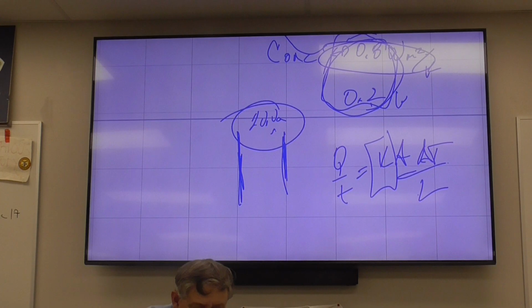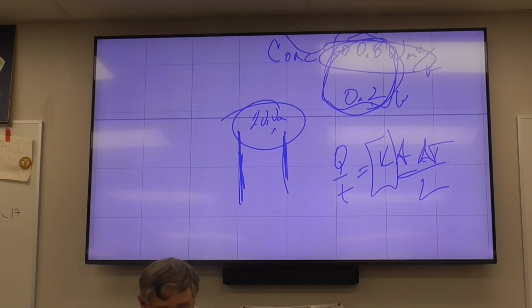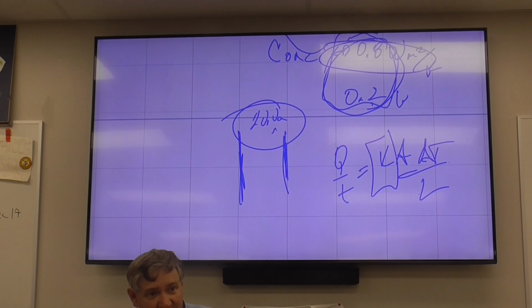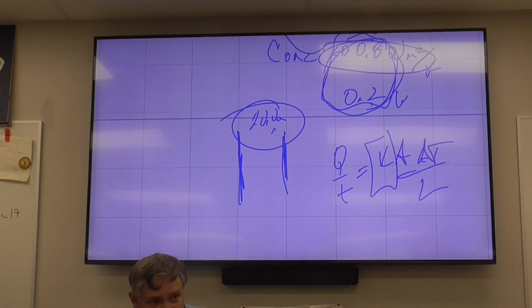Either you make that wall made out of wood 4 times thicker, and you make it 80 centimeters, or you divide it by a factor of 4 and make it 5 centimeters. Those are your two options. So on number 19, your answer is either 80 centimeters or 5 centimeters.